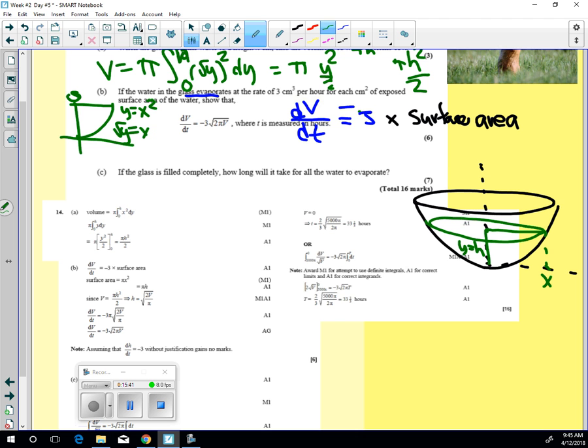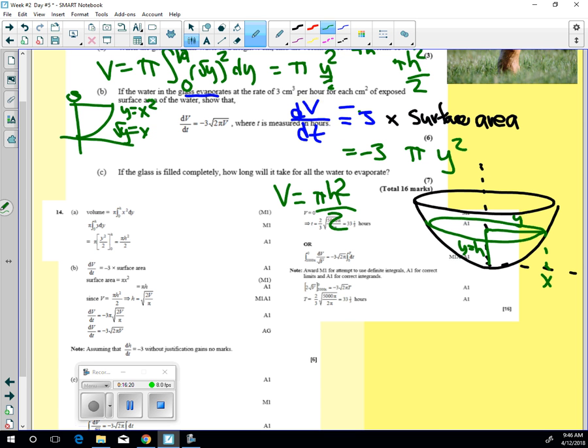Okay? So the surface area is going to be pi r, and the radius is y squared, because this is the radius of the circle. The surface area is just a circle, pi r squared. Well, when we go back to y, remember that the volume is equal to pi h squared over 2.